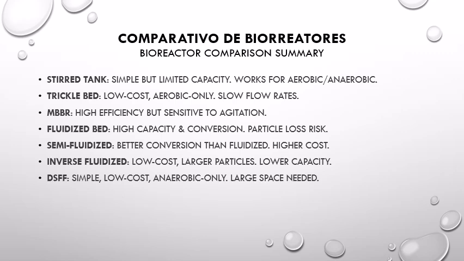The fluidized bed has high capacity and conversion, with particle loss risk. The semi-fluidized has better conversion than the fluidized, but higher cost. The inverse fluidized is low cost, with larger particles and lower capacity. While the downflow DSFF is simple, low cost, anaerobic only, and large space is needed.